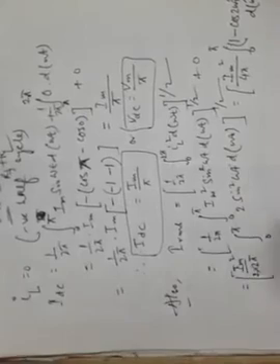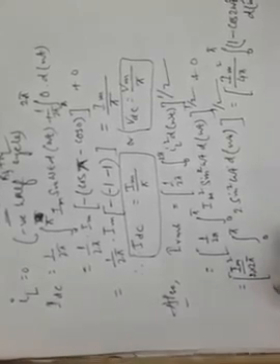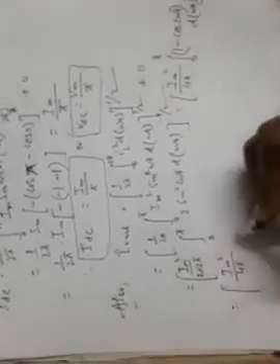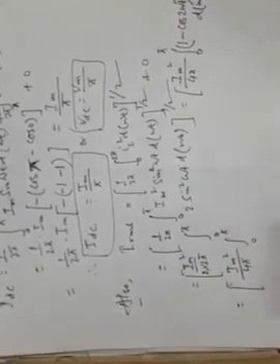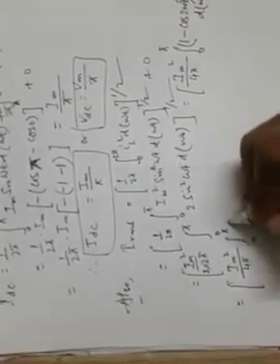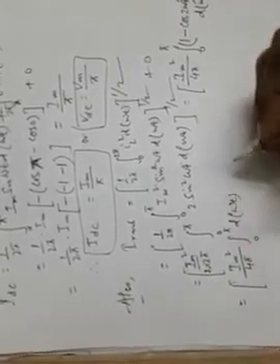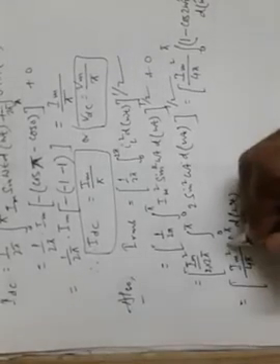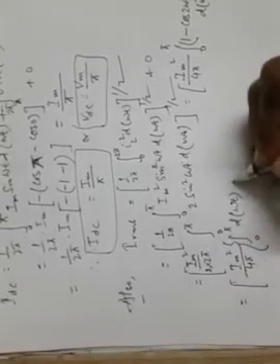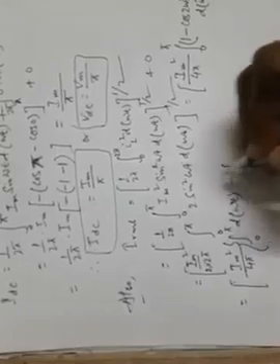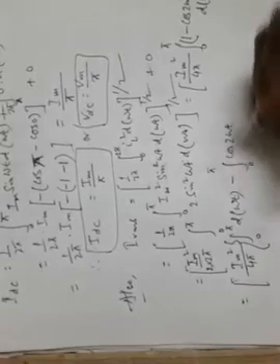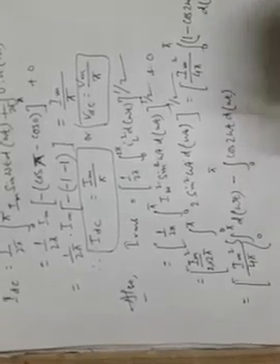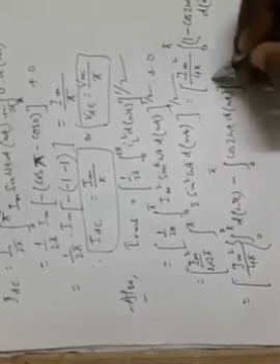Okay, so now we calculate again: Im square by 4 pi, integration 0 to pi d omega t, minus integration 0 to pi cos 2 omega t d omega t, whole to the power half.